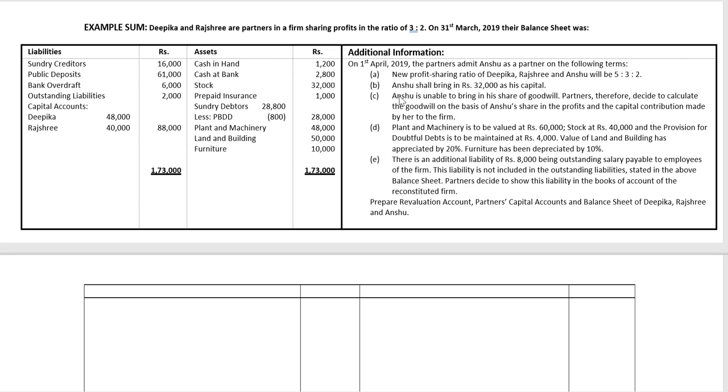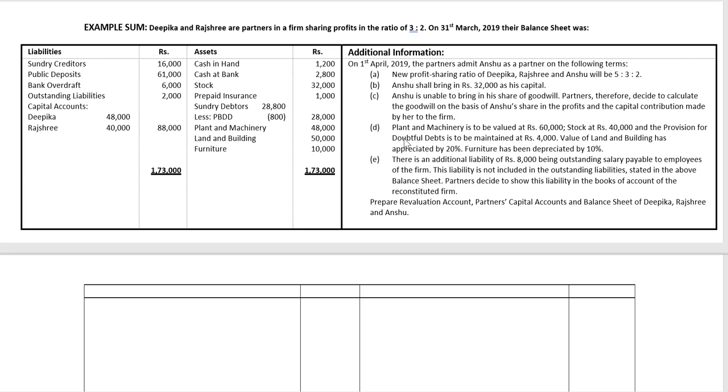Second point, Anshu shall bring in rupees 32,000 as his capital. Third point, Anshu is unable to bring in his share of goodwill. Partners therefore decide to calculate the goodwill on the basis of Anshu's share in the profits and the capital contribution made by her to the firm.